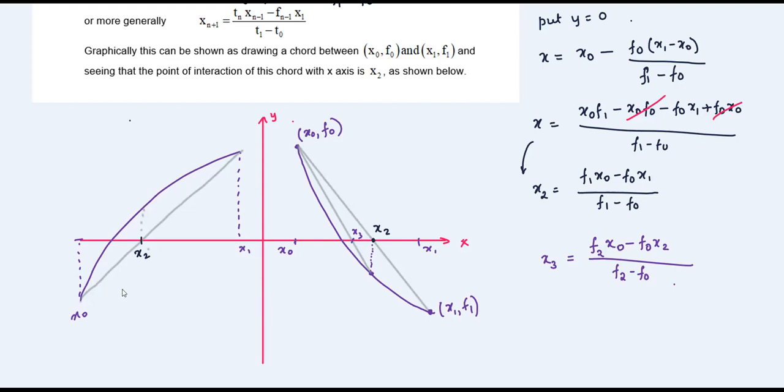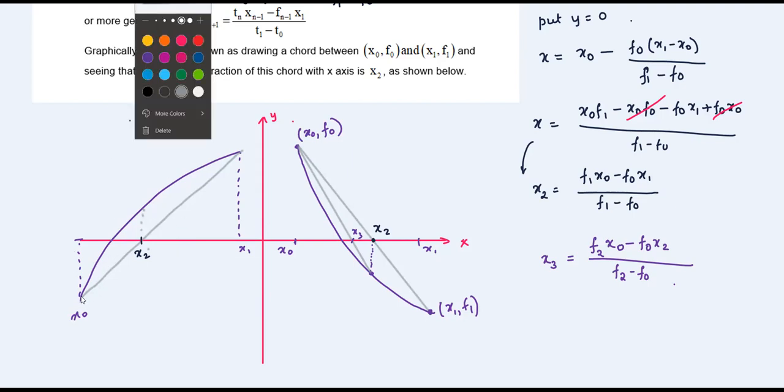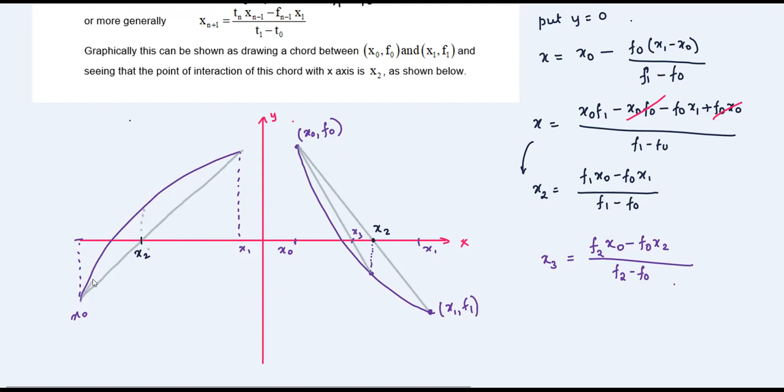So always that check will be there, and in every step, whatever you choose as the new interval, in the new interval, again this chord we need to check, this will be x3. Like that, we'll keep going close to the root.